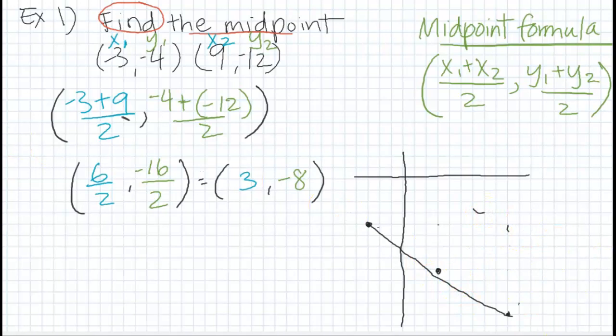We're going to verify by counting the horizontal and vertical distance. So I see my horizontal distance to get to my midpoint is 6 here, and my vertical distance is 4. Is that 4? Yeah, 4. Then if I replicate that same distance, I should go to the right 6 again. And I do, that is 6 here, and down 4.